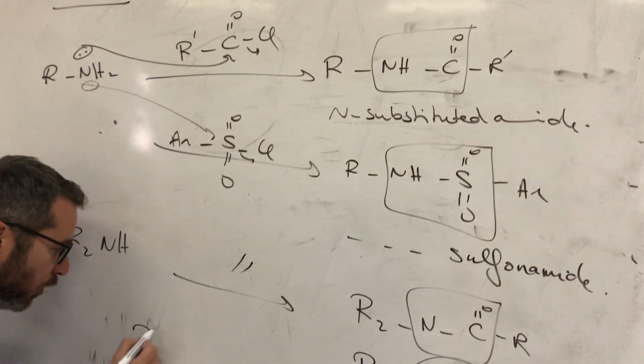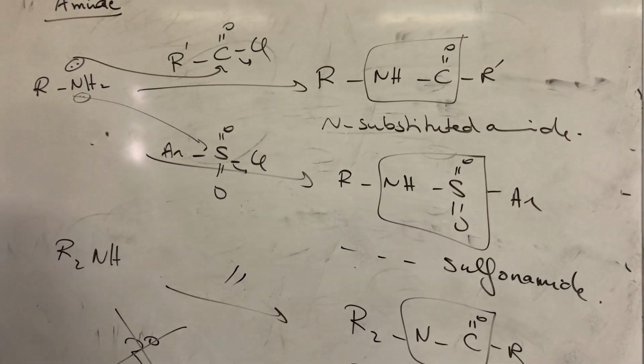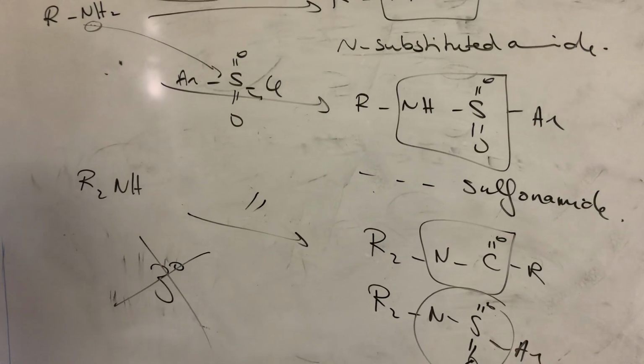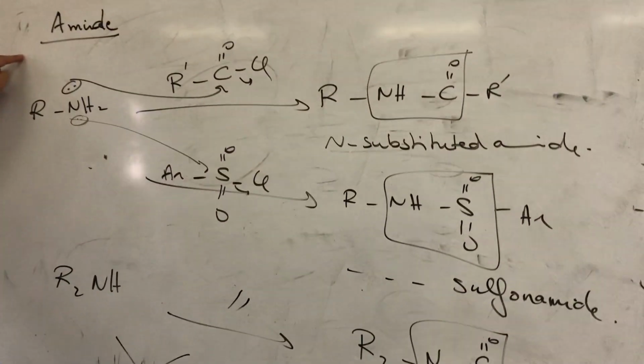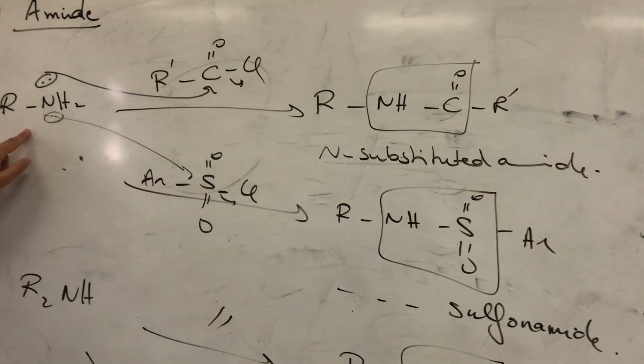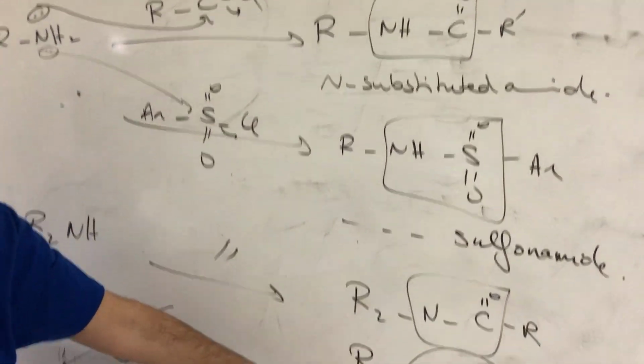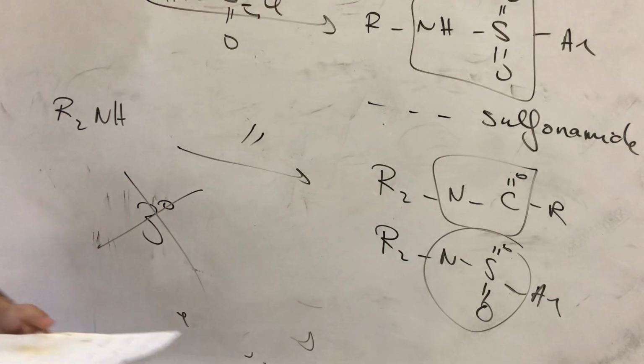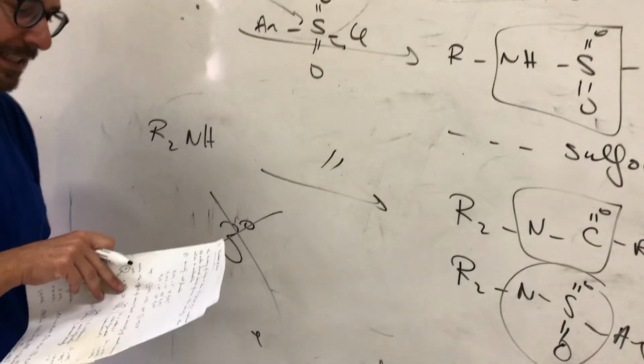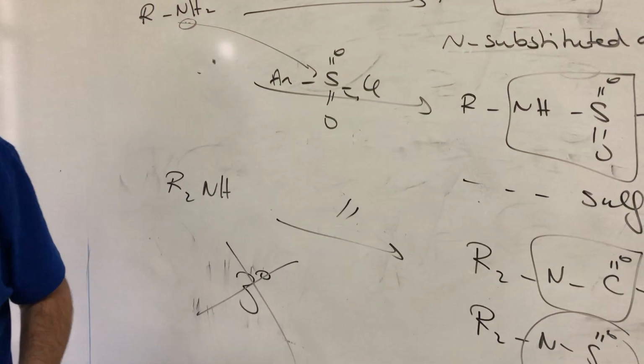In the case of the tertiary amine, no reaction, we don't have NH. So primary gives an N-substituted amide or N-substituted sulfonamide, secondary gives N,N-disubstituted, tertiary no reaction. You have examples in your notes.